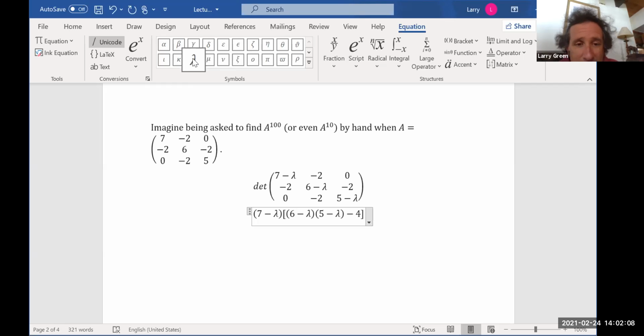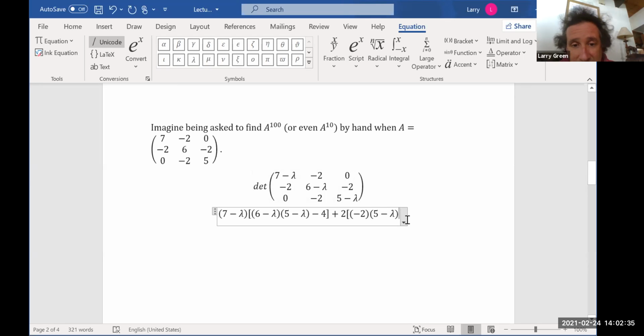And then we'll have a plus 2 times, and now find that minor, we get -2 times 5 minus lambda. So we killed that one, and we killed that one.